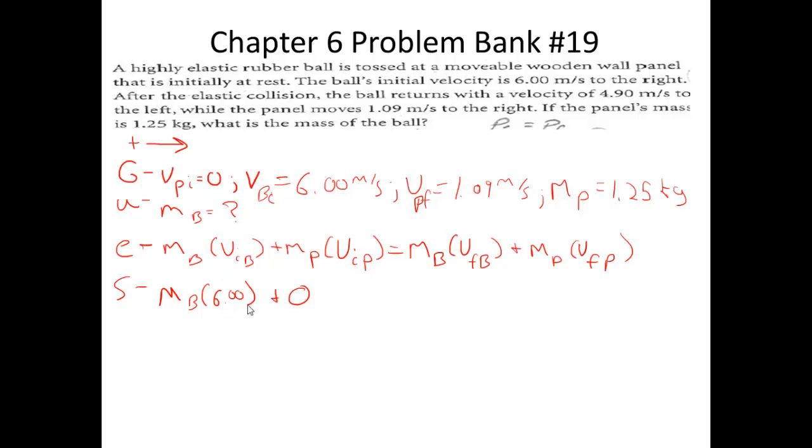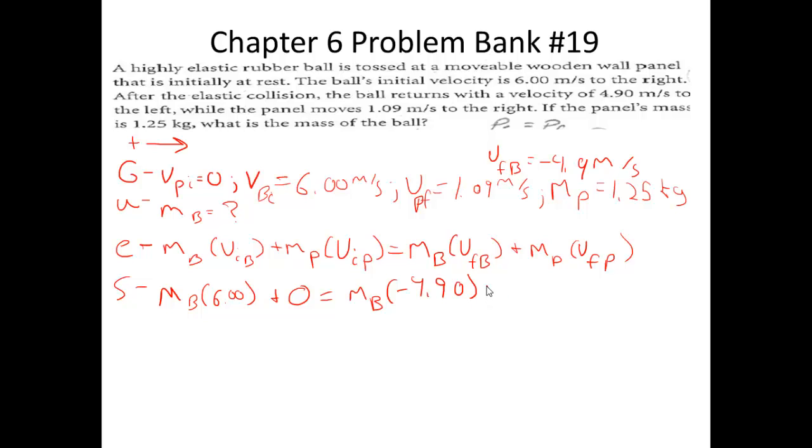This is equal to the mass of the ball times the final velocity, which is a negative 4.9 meters per second. As you see, I forgot that out of the given portion. That's okay, we got it now.